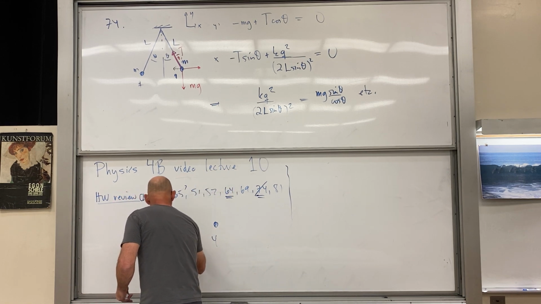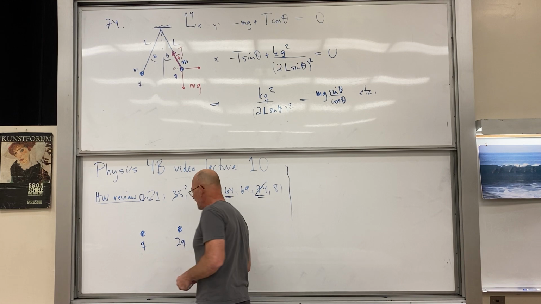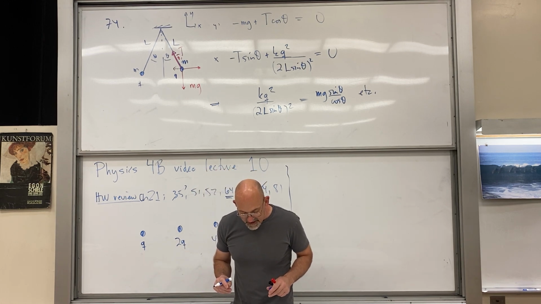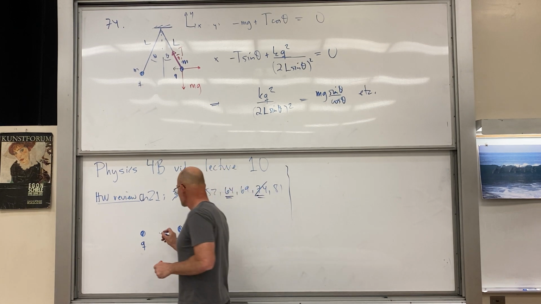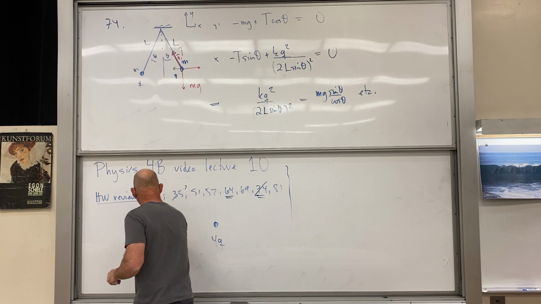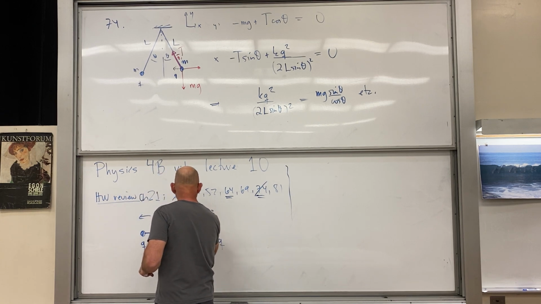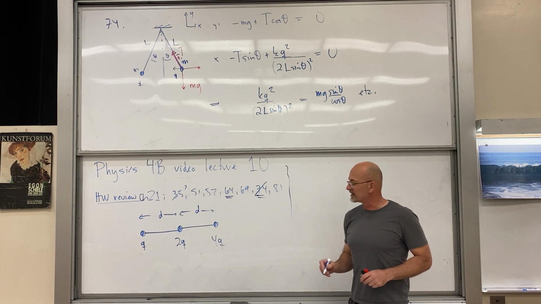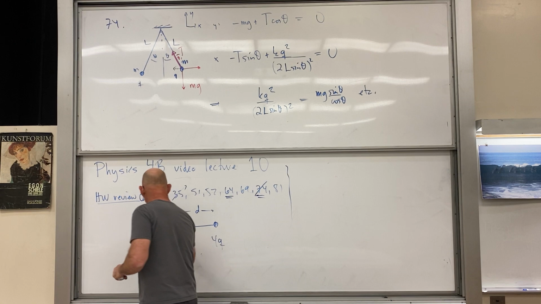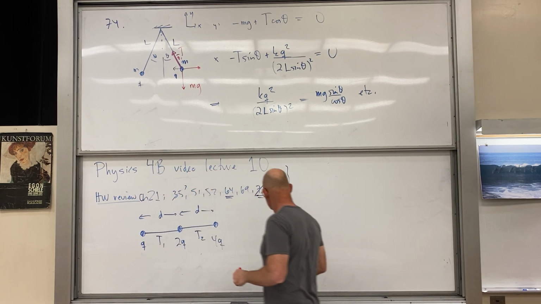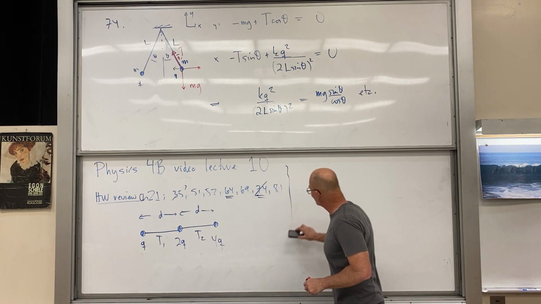So Q, 2Q, 4Q, and they are tied together with a string, and the separation distance is D. Okay, so we have a string here, separation distance D on both of these. And because these are all repulsive forces, there is a tension. There are tensions in the string, T1 and T2. So this is just an interesting one to set up.